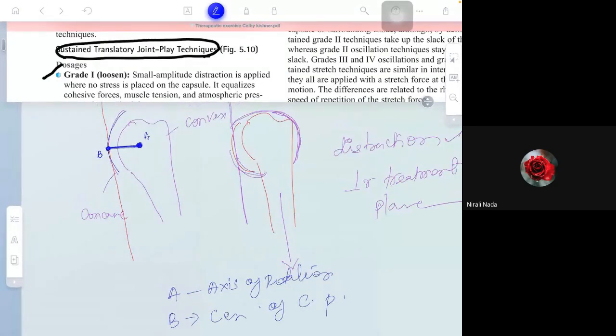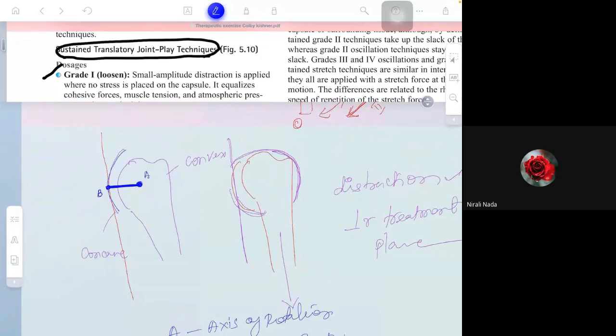Now you are drawing a line perpendicular to this line. This is line 1, and this is line 2. These two lines are perpendicular. So this line is called the treatment plane.